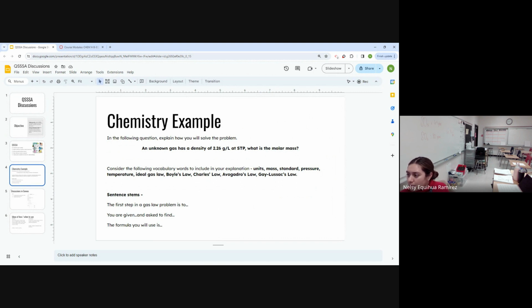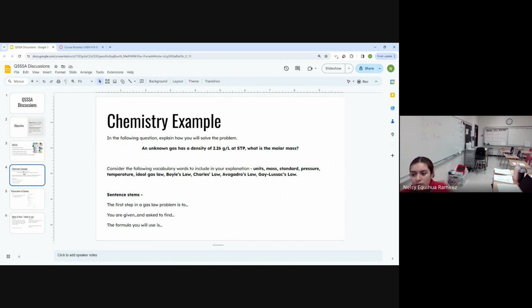Consider the following vocabulary words to include in your explanation: unit, mass, standard, pressure, temperature, ideal gas law, Boyle's law, Charles' law, Avogadro's, Gay-Lussac's law. Some sentence stems are: the first step in a gas law problem is to, the formula you will use is, or you are given blank and asked to find. That would be how you start.